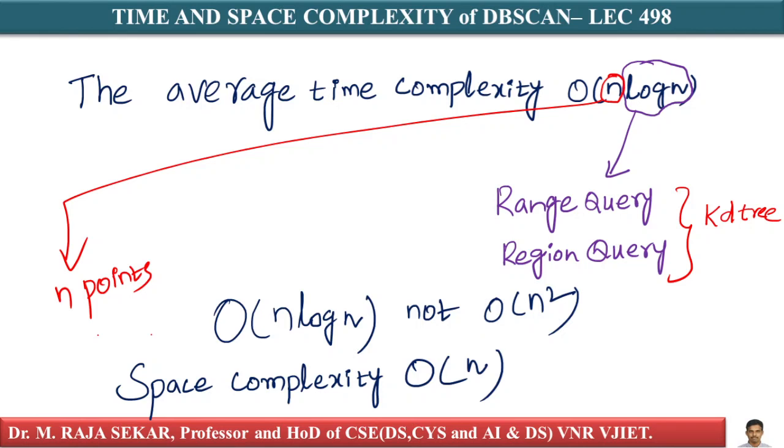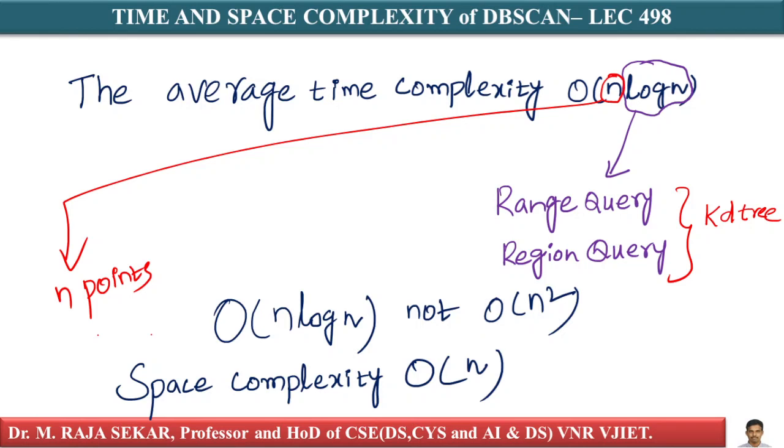Typically in the real world, DBSCAN was designed by the databases and data mining community. It is designed in such a way that DBSCAN works very well when data is stored in databases in which range queries or region queries are highly optimized.